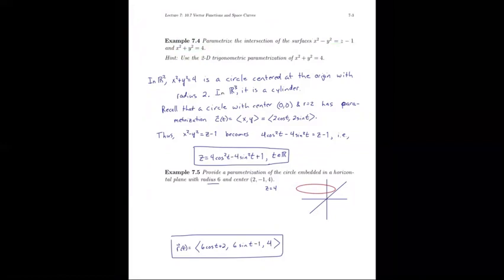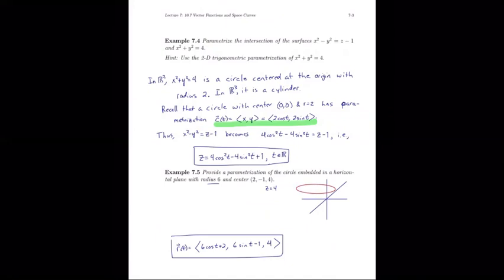The trick to this problem is to use the trigonometric parametrization of x squared plus y squared equals 4, or really any parametrization. But if we do that, realizing that this is a circle of radius 2, then we know that its parametrization is c of t, which is 2 cosine t, 2 sine of t. And then we have substitutions for x and y.